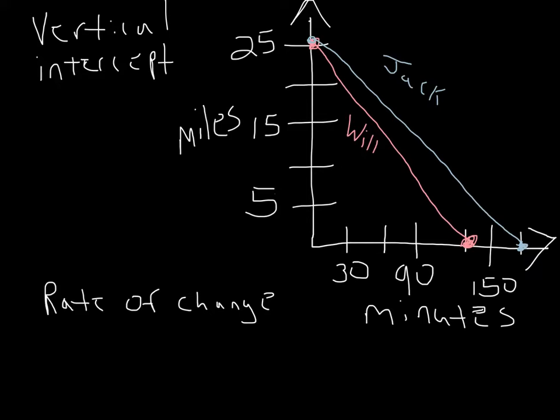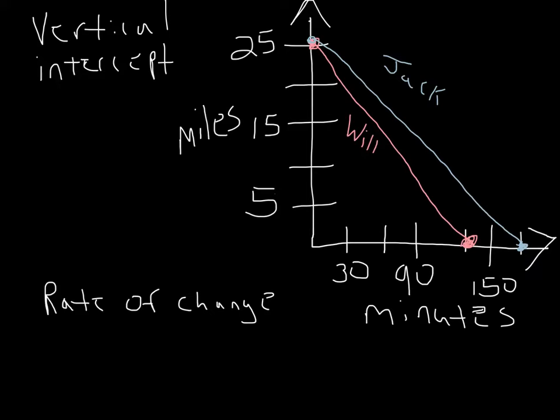So at the beginning of the race, if you look at the graph, we can interpret that they both start out at 25. 25 would be your starting point. Sometimes they won't ask us what's the y-intercept, but on a real-world problem, they'll say, what's the vertical intercept? What you would do is look at the vertical axis, which is the same as the y-axis.